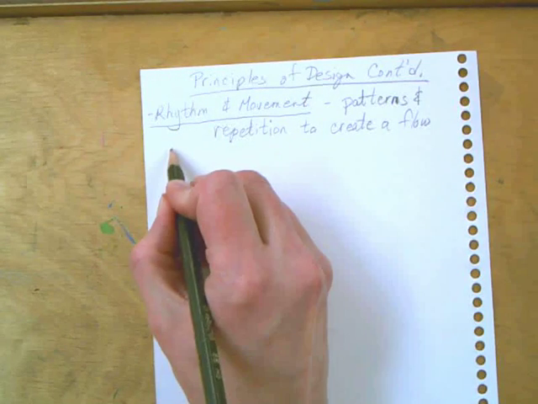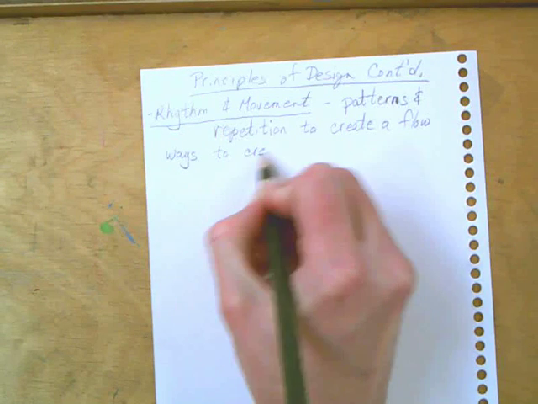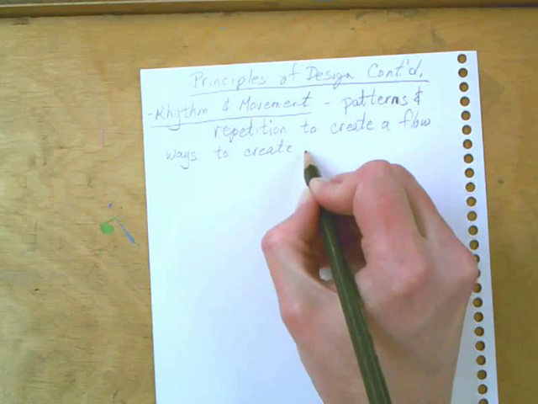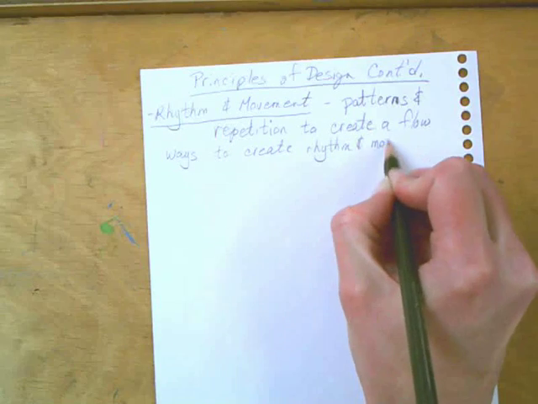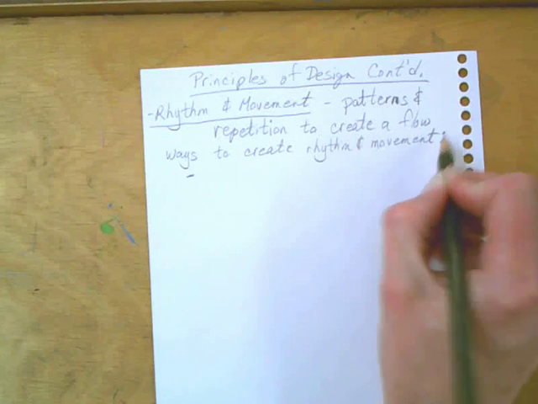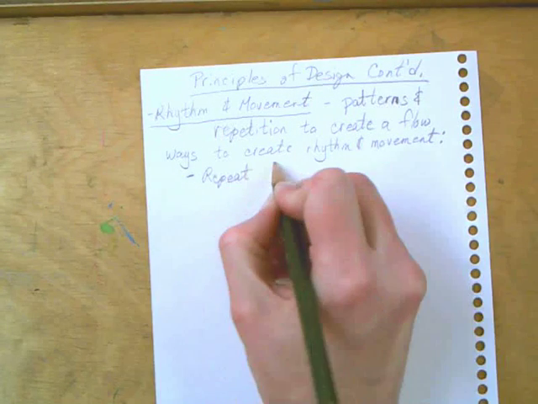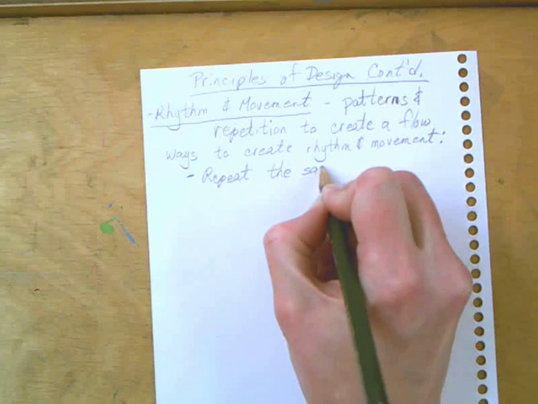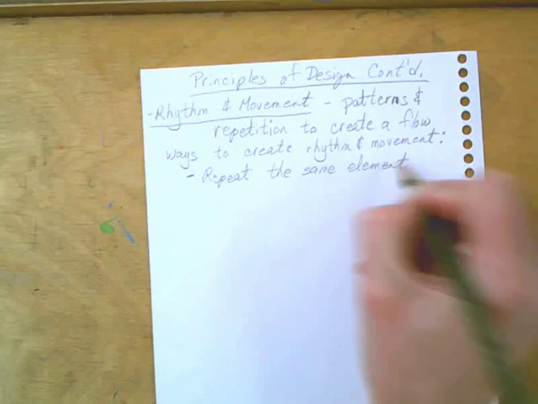There are several ways you can create rhythm and movement. The first way is to repeat the same elements over and over again.